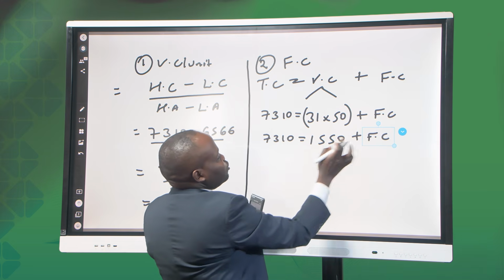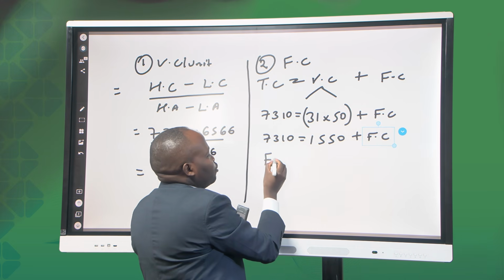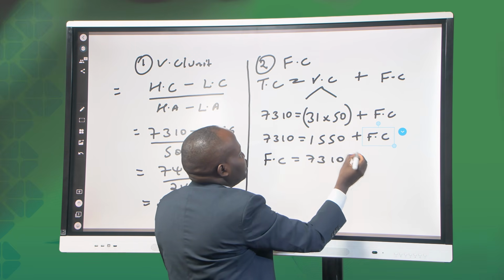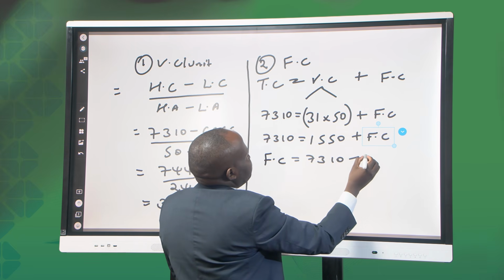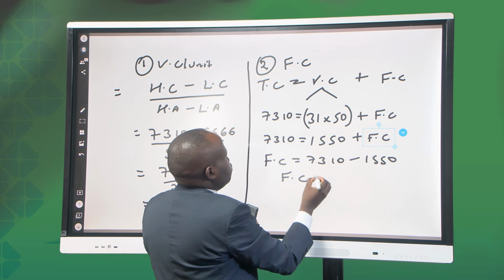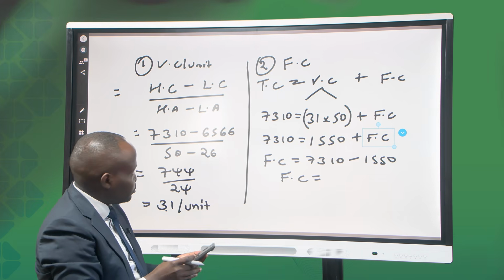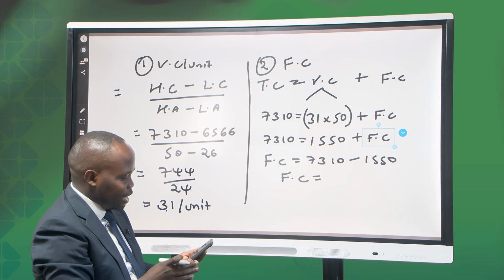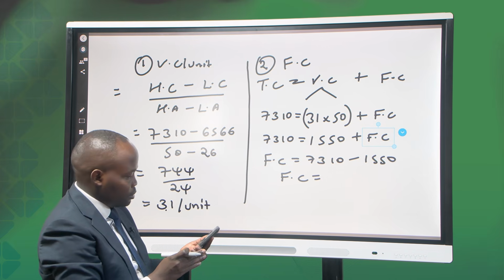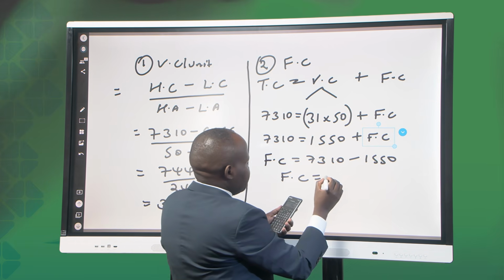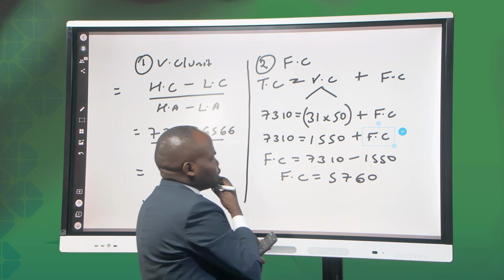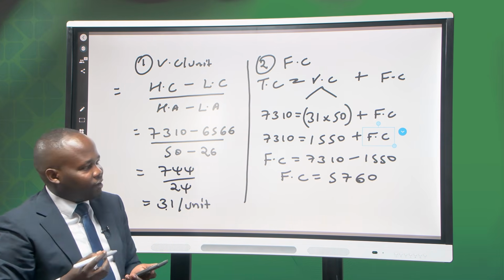And then you make fixed cost the subject. So fixed cost will be equal to 7310 minus 1550. So it gives us 5760. So our fixed cost is 5760.